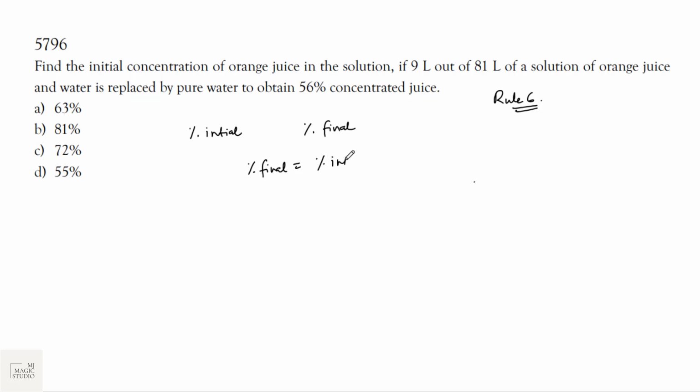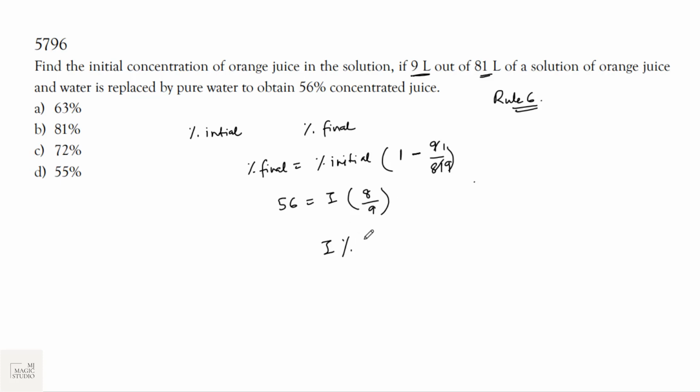equals percentage initial into 1 minus the fraction which is taken out. The fraction taken out is 9 liters out of 81, so it is 1 by 9. So finally we are left with 56 equals initial into 1 minus 1 by 9, which is 8 by 9.